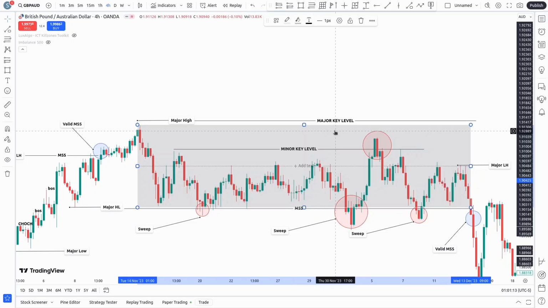Either stay out of the market, or trade it if you have a strategy or pattern that will help you analyze and trade a range market. Otherwise, it is advisable to stay out of the market, or move to a lower time frame and spot a move in that range.